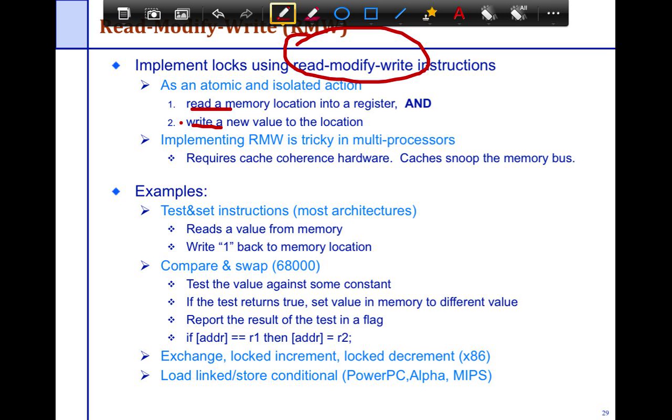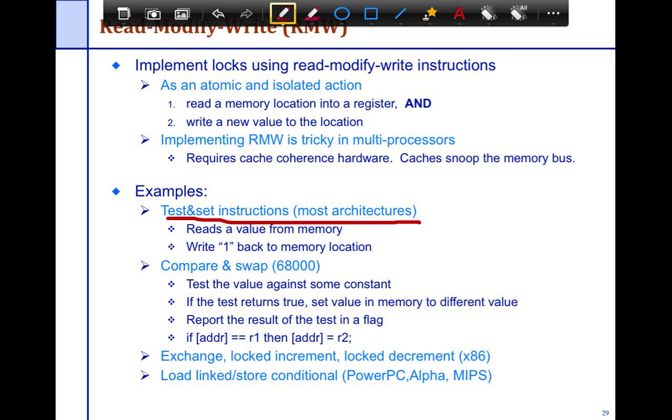Normally, there's also a comparison step, so it's not just reading and writing. You read it, you compare the value against a specific value that you expect in the variable, and then you write back if that value exists. So there's also an equals operation. The first example of this would be test-and-set. Most systems provide this.